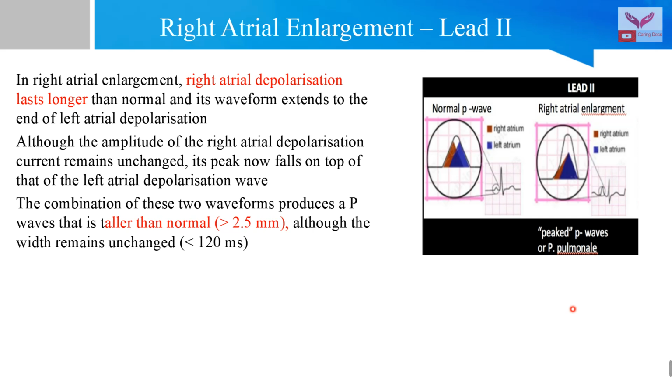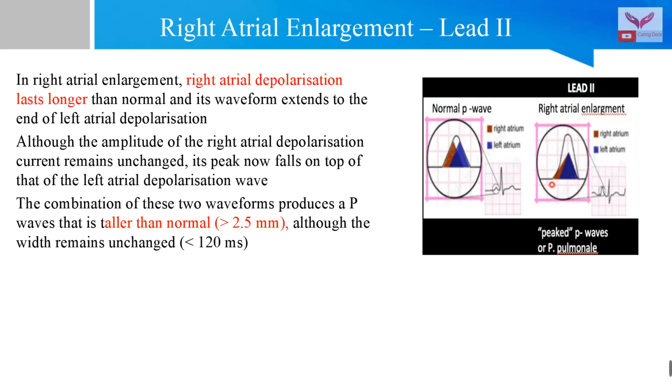So the combination of these two waveforms produces a tall P wave that is taller than normal, that is more than 2.5 mm, although the width remains unchanged. So in right atrial enlargement, the amplitude of the P wave increases. It becomes more than 2.5 mm, that is more than 2.5 small squares, but its width remains within normal range.